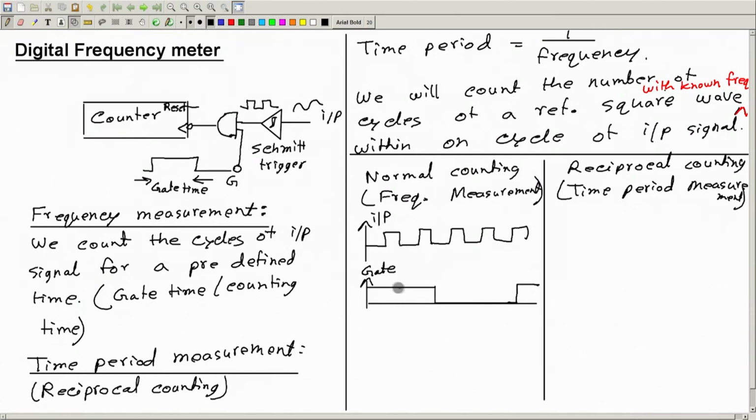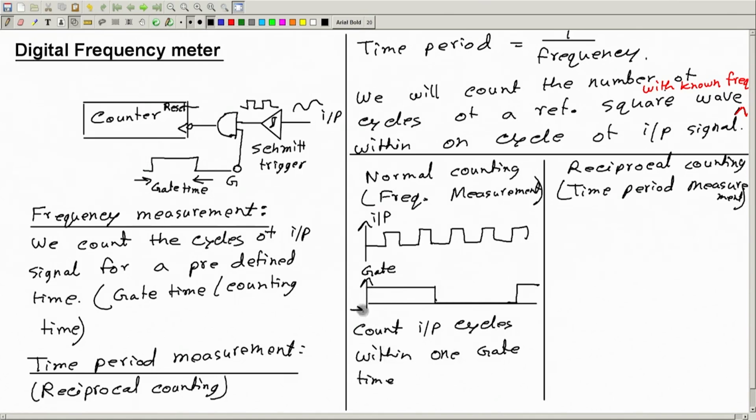In this case, you count the number of cycles of this signal within this one cycle or half cycle of this gate signal. Okay. So, count input cycles within one gate pulse, gate cycle or gate time, whatever you call, which is this.